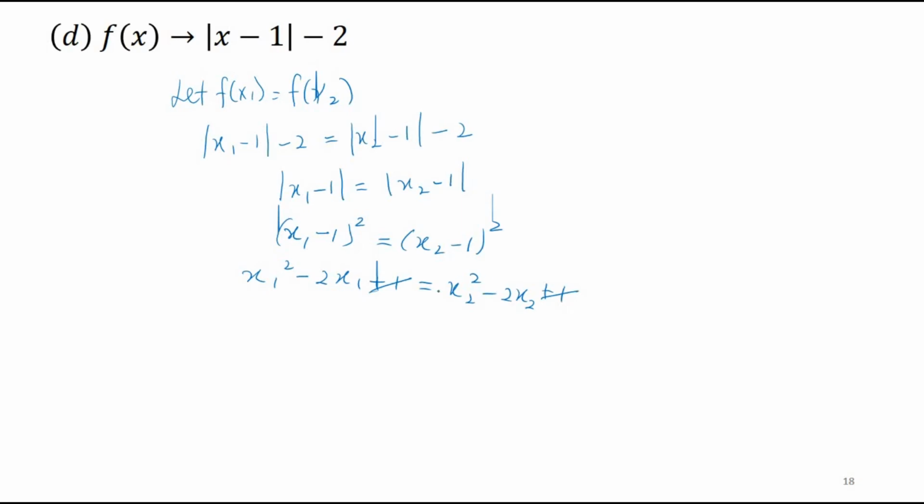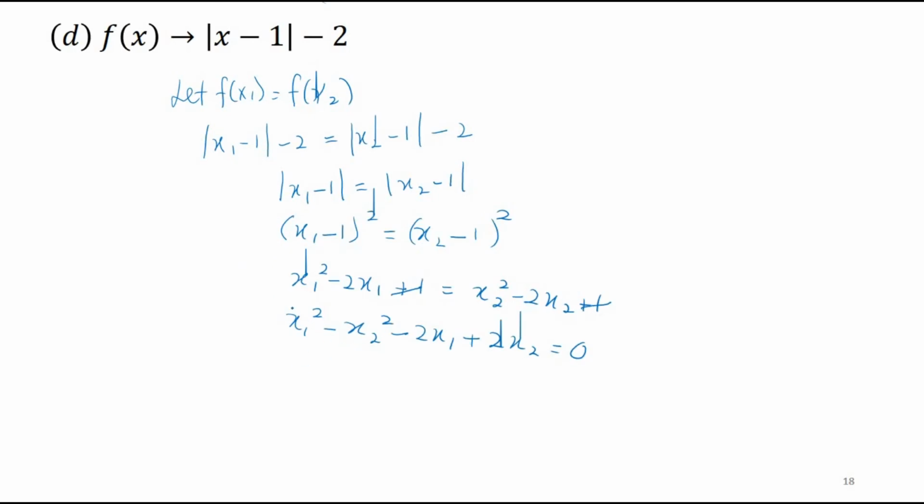So here you shift all the right hand side terms to the left hand side. Then you'll get x1 squared minus 2x1 minus x2 squared plus 2x2 equal to 0.